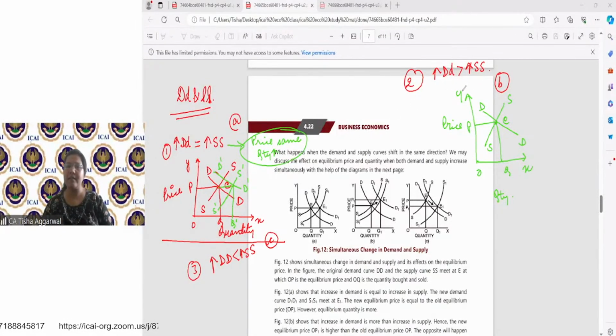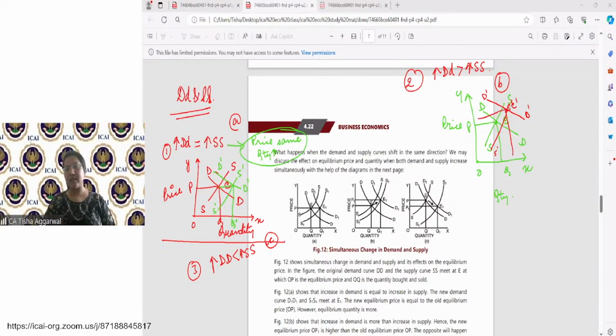Assumably, I say that now think if the demand increase is greater than the supply increase. So I will make demand increase like this, D dash D dash. Supply increase just like this, S dash S dash. New equilibrium point.